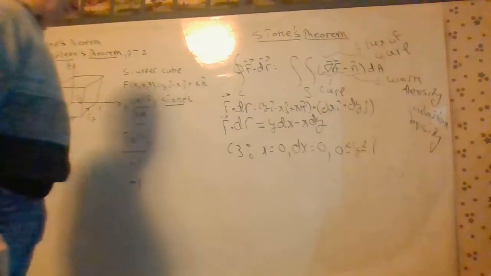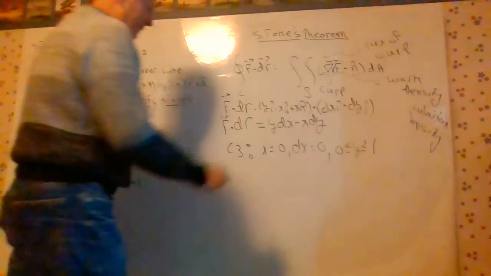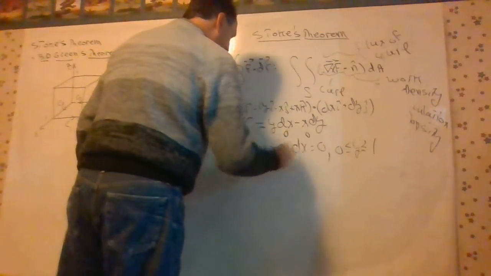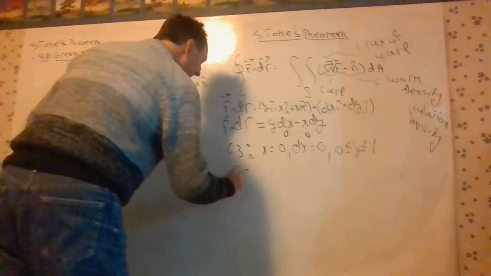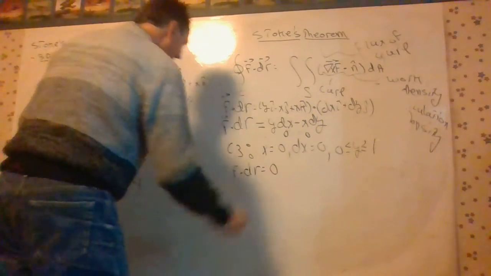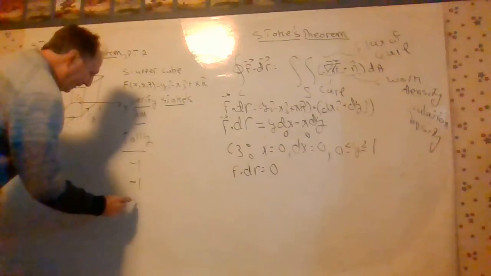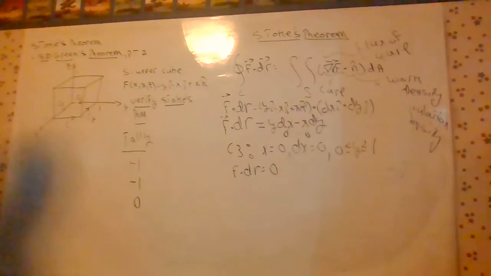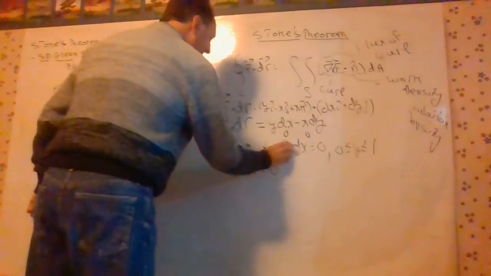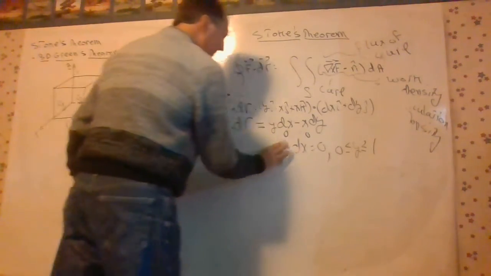Y goes from 1 down to 0. Now, this is 0 and this is 0, so f dot dr is 0. So I'm just going to put a 0 right here. No sense in even setting up the integration.